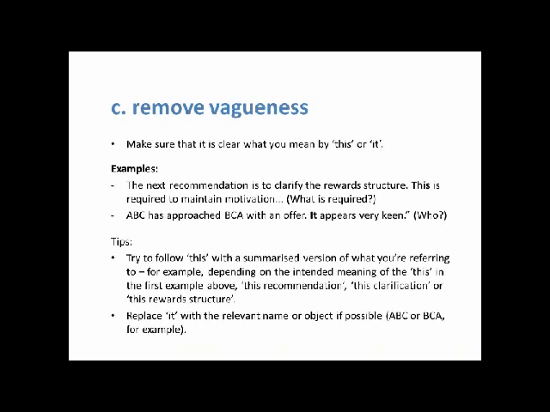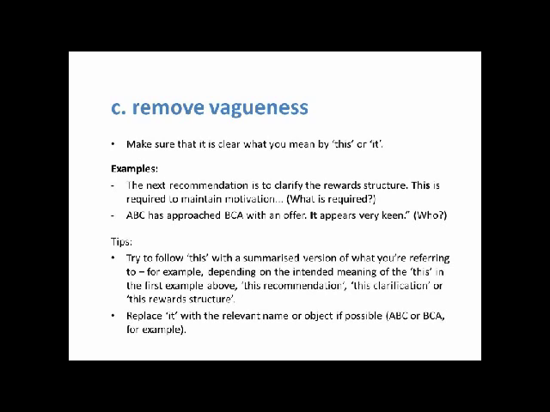It appears very keen. Who? If you go down to the second tip, underneath tips there, you can see what you could try to do to make it clearer is to replace it with the relevant name or object if possible. So you would change it to ABC or BCA as relevant.